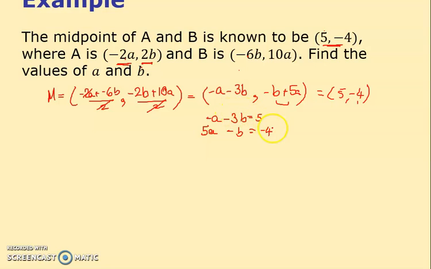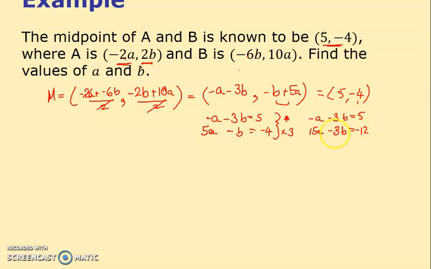Okay, what we're going to do, I'll times the bottom equation by 3. And that will give me minus a minus 3b equals 5. If I times the bottom equation by 3, I get 15a minus 3b equals minus 12.